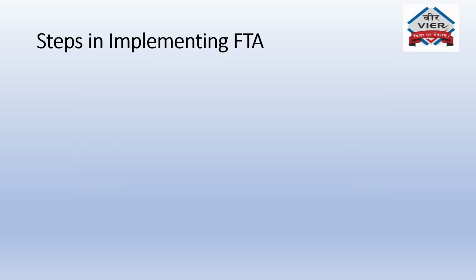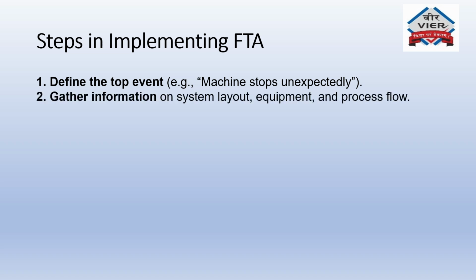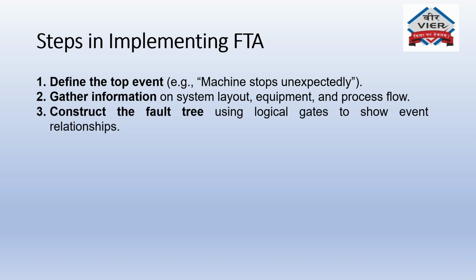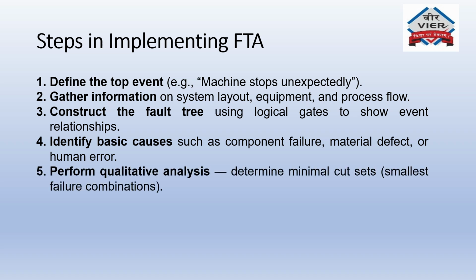Now let's identify what are the steps in implementing FTA. First, define the top event, meaning the problem which is occurring. For example, machine stops unexpectedly. Second, gather information on system layout, equipment and process flow. Then construct the fault tree using logical gates to show event relationships. Identify basic causes such as component failure, material defect or human error.